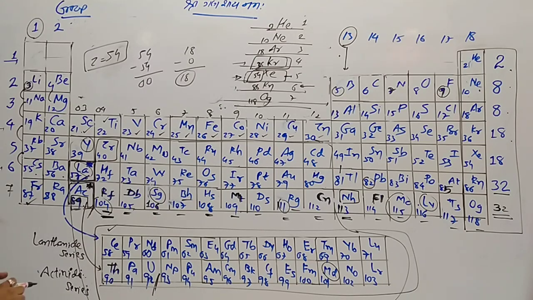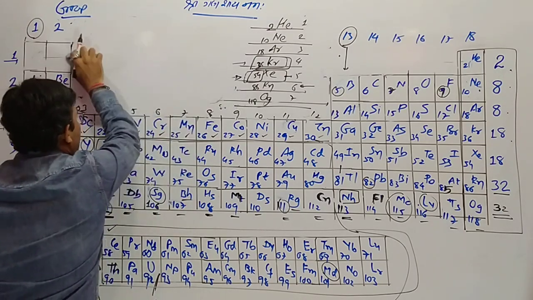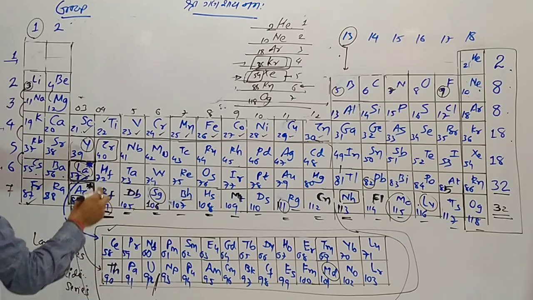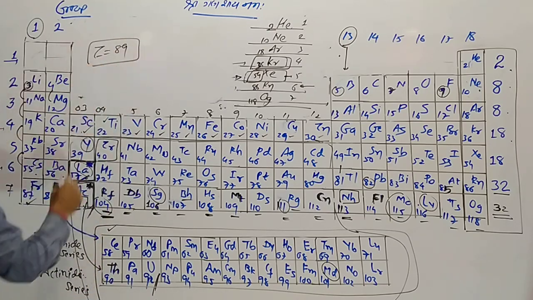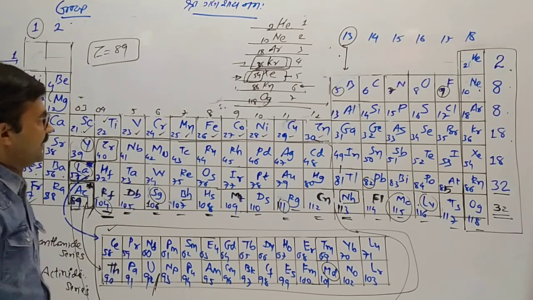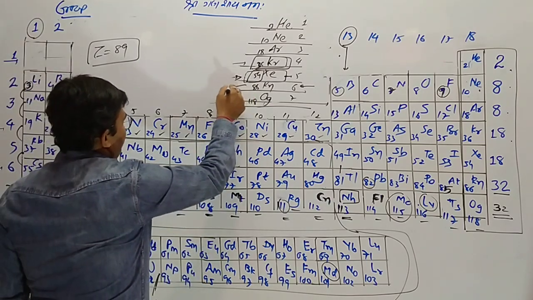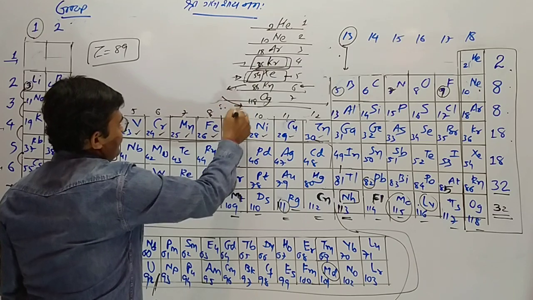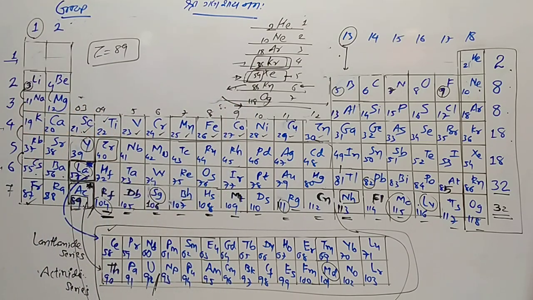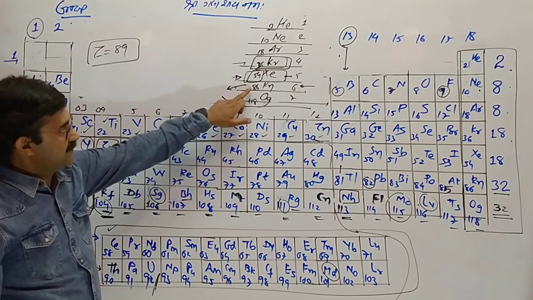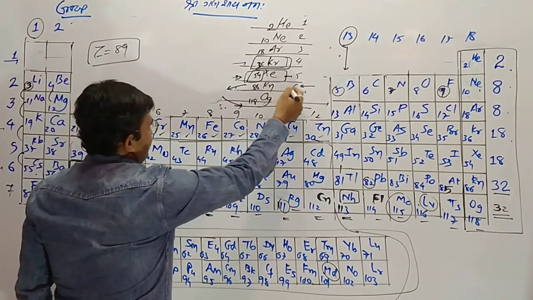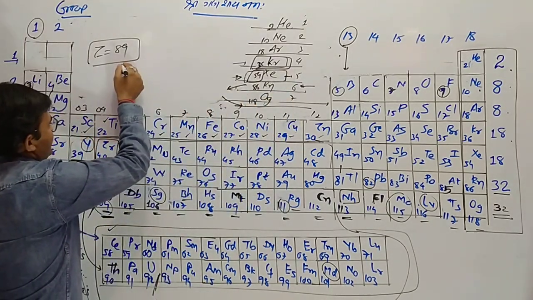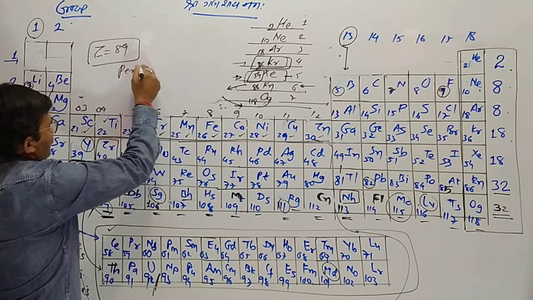Yes, I am giving you some problems that occur when you find it. I am taking atomic number 89. So 89 is after 86 and before Oganesson. So the 6th period is completed. So it means it is in period number 7.